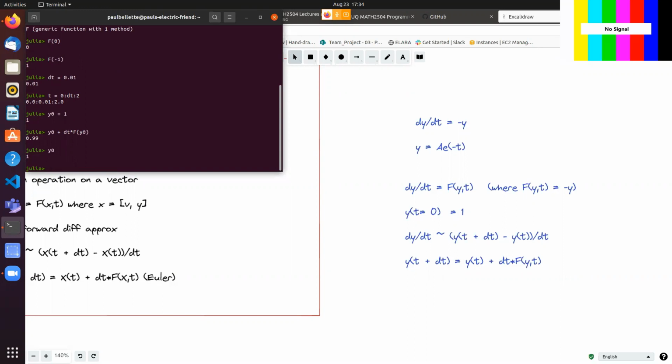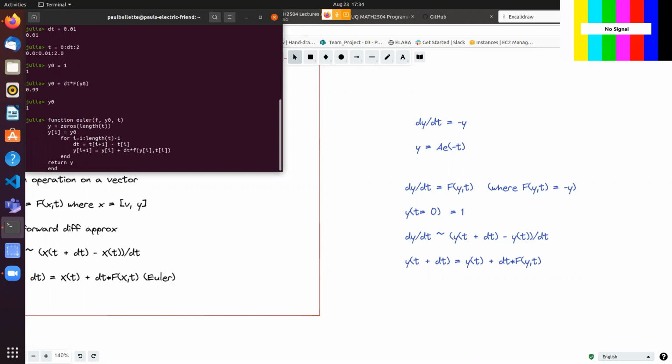So if we're going to turn this into a function, I did it already. Let's try and make it a little bit neater so you can look at it. The kind of thing you'd want to do is take a function as an input, an initial value, and a time vector.